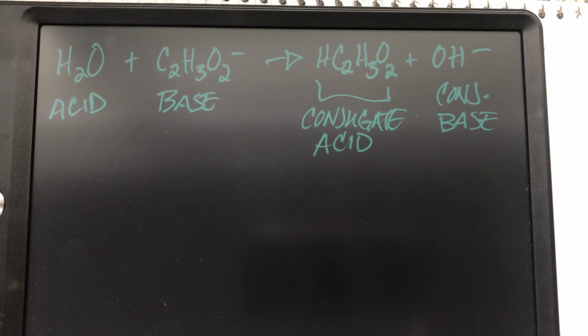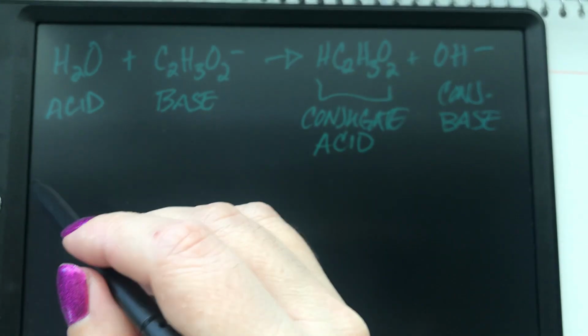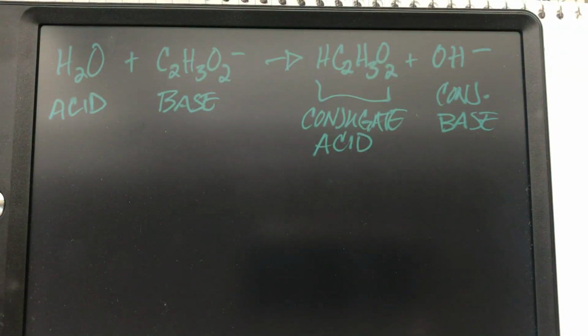So it's not about labeling this guy an acid and that guy a conjugate base or vice versa. It's about knowing that acids and bases always come with a conjugate pair, right? Does that kind of help a little bit? I think this is one of the most confusing things about acids and bases, so that's why I wanted to make sure that we went over it.